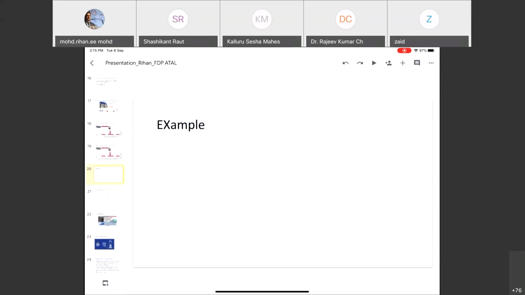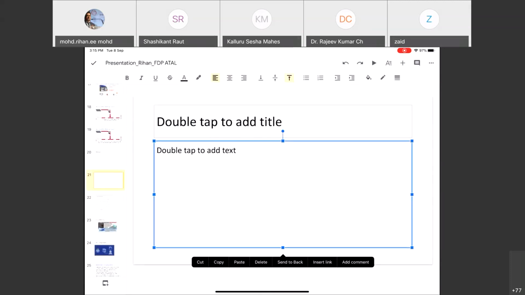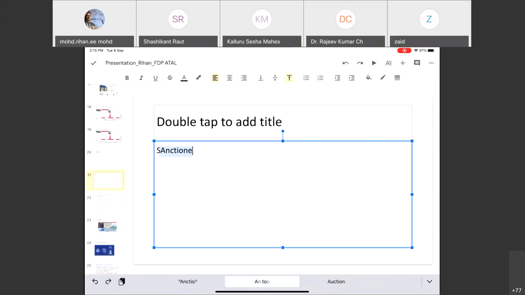So suppose you are a consumer and your sanctioned load is 5 kilowatt, let us say.